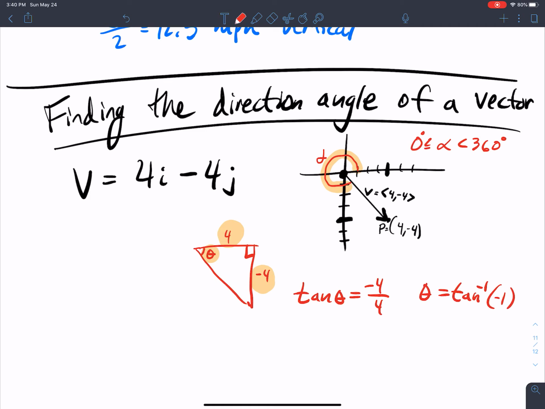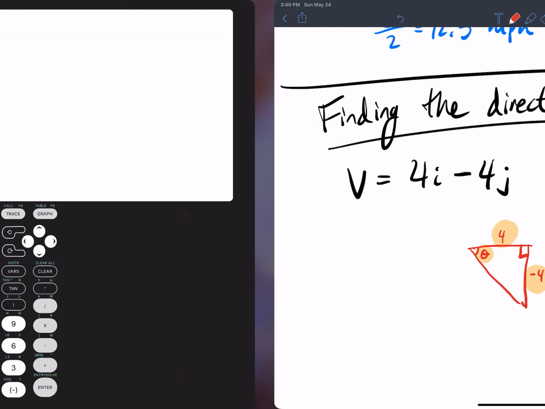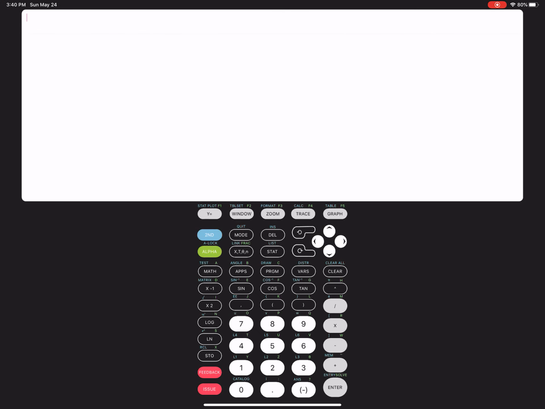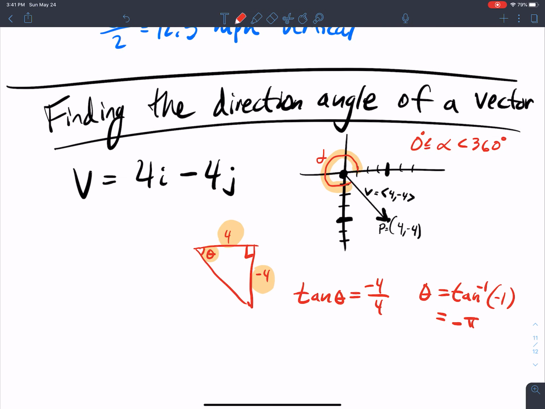So theta is the tan inverse of negative 1. Okay. That's going to get me, well, type it in my calculator. Tangent inverse negative 1. Okay, I think that's pi over 4. Yeah, so negative pi over 4. Now negative pi over 4 is not between 0 and 2 pi.